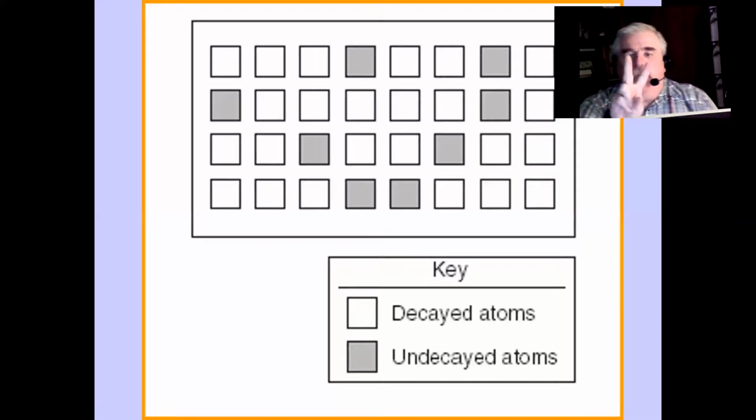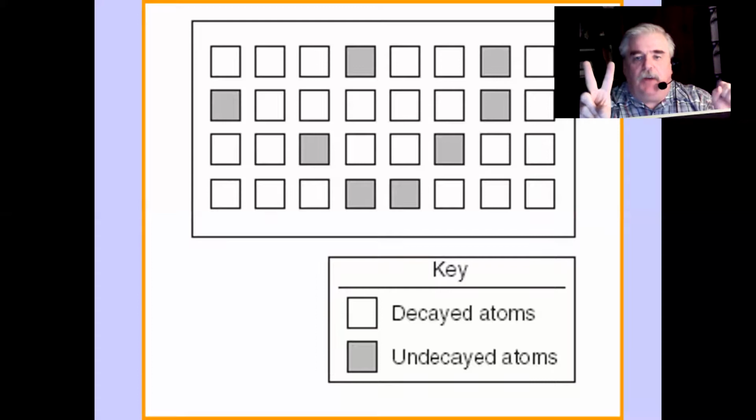So it underwent 2 half-lives. Now you take this 2 and you multiply it by the half-life of carbon-14 on your reference tables, which is 5,700, and it gives you 11,400. So this sample would be 11,400 years old.